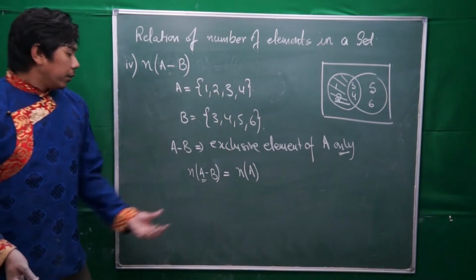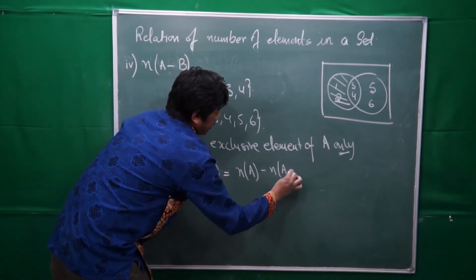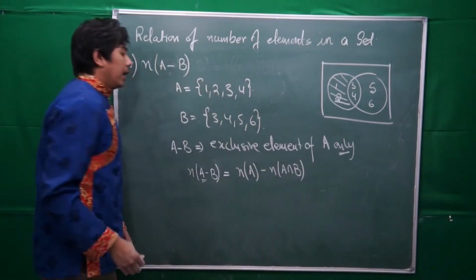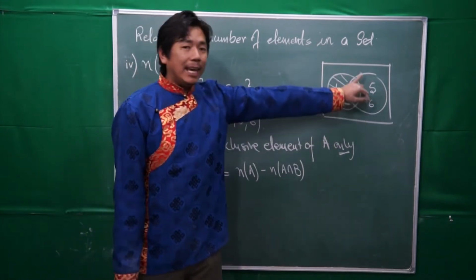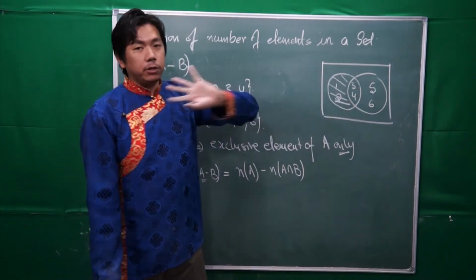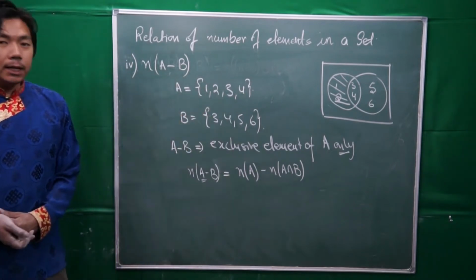So from this I have to subtract the intersection part, A intersection B. After subtracting the intersection part, from the set A all I'm going to get is the exclusive part only. So from here you can see it is 2.